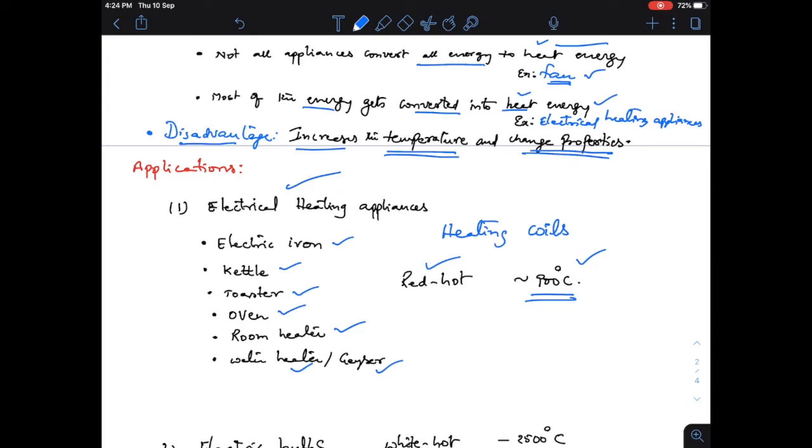And the coil becomes red hot and heat is generated, and that heat is used, for example, in electric iron. That heat produced is used to iron the clothes.